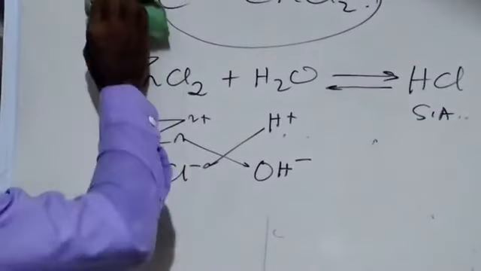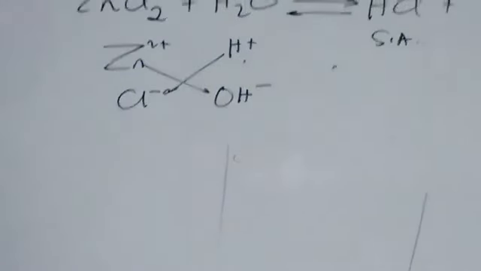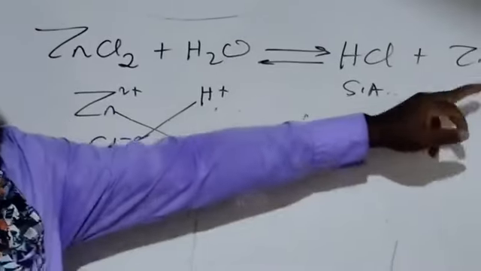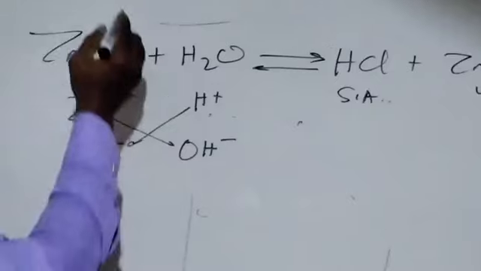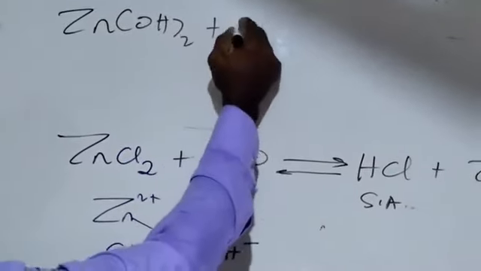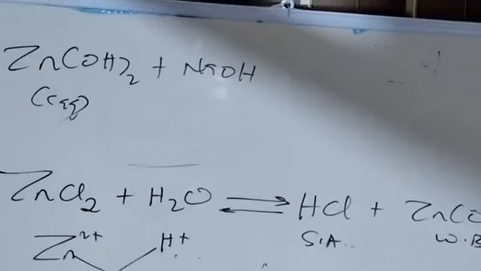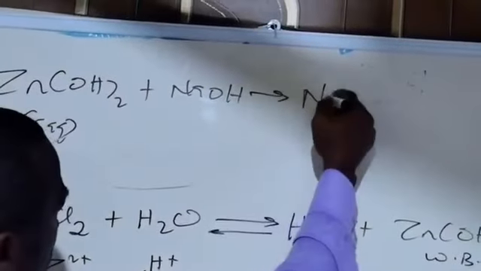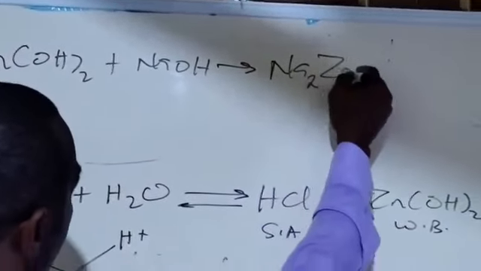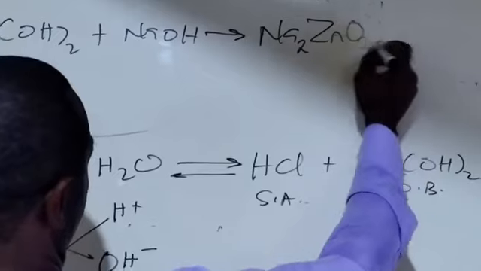Then going to question AIII, we are told to add sodium hydroxide to the zinc aqueous solution, which contains zinc hydroxide. So when we added sodium hydroxide to the C aqueous, we form a complex salt because zinc can complex with sodium hydroxide.